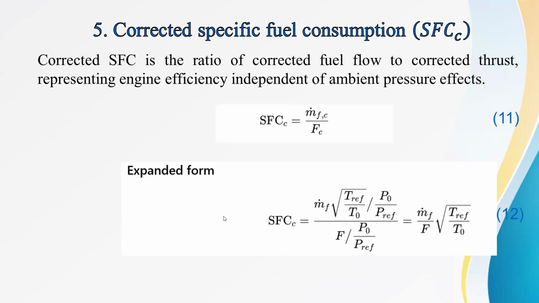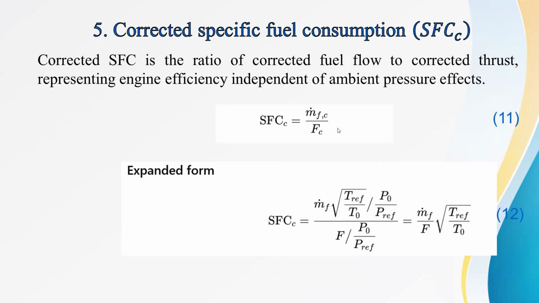The next is the corrected specific fuel consumption. Specific fuel consumption, SFC_c, is the ratio of corrected fuel flow to corrected thrust, which is equal to the corrected mass flow rate of fuel divided by corrected thrust.